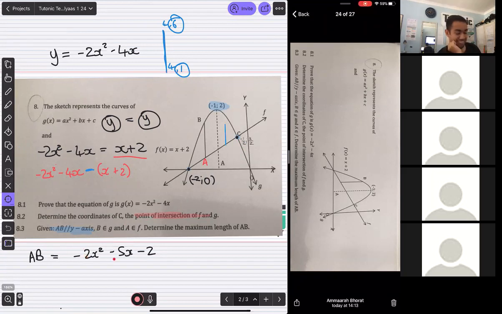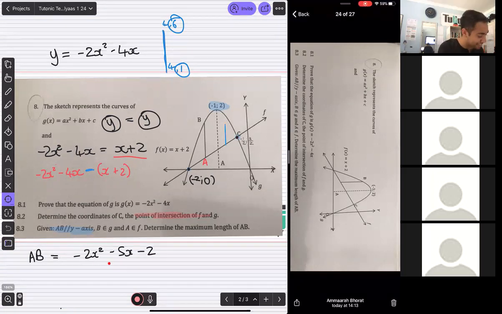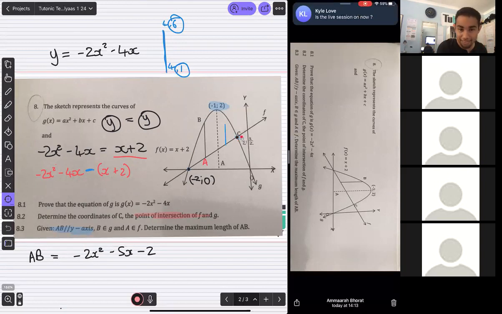What's the answer? Zero. Why is the distance zero? Because the distance between them is zero. So this equation tells you the distance between the two graphs at a particular x value. And since at C the distance is 0, when you sub in minus a half, the distance is 0.